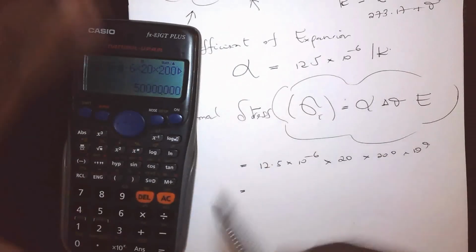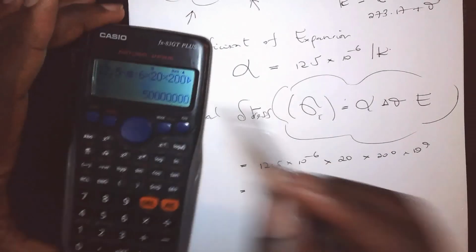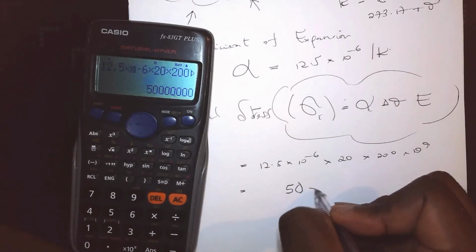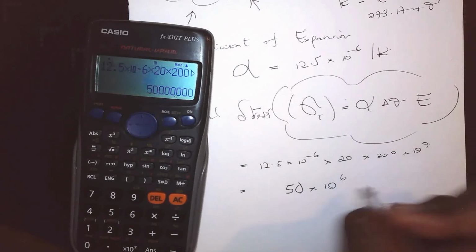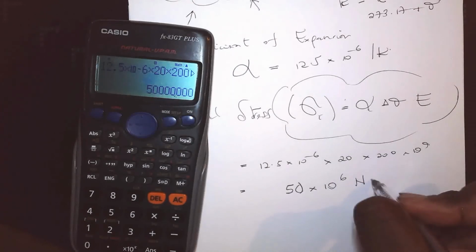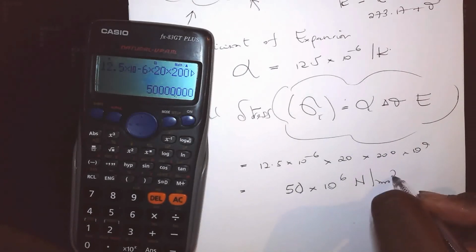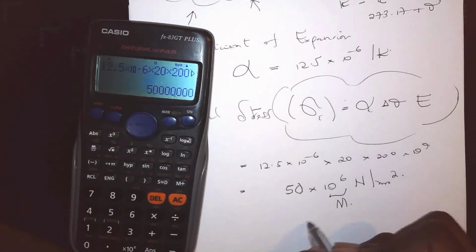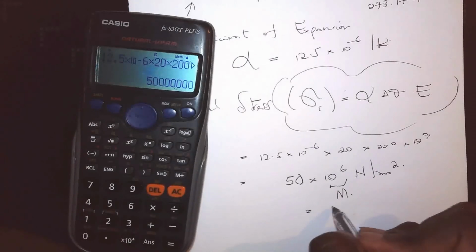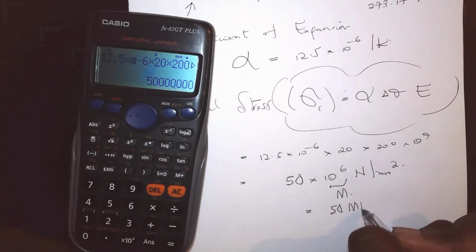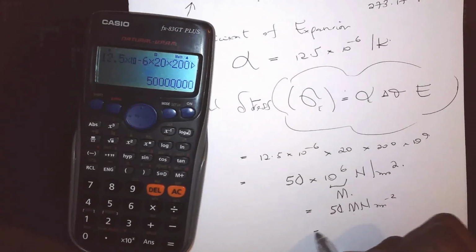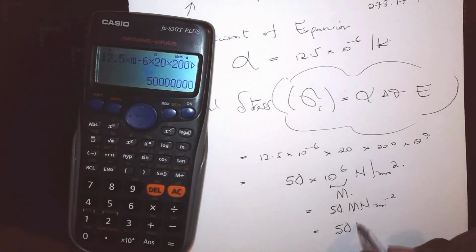And that gives about 50 times 10 to the power of 6 Newton per meter squared. This is the same as 50 meganewton per meter squared, which is the same as 50 MPa.